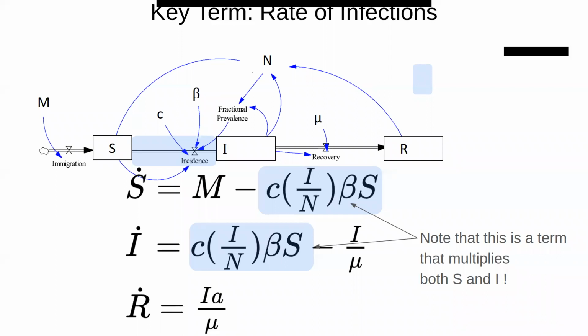Next time, I think we'll talk a little bit about the force of infection and the basic reproductive number, which falls right out of these equations, together with reasoning about the length of time people stay infective, and maybe one or two other things in the communicable disease modeling area.